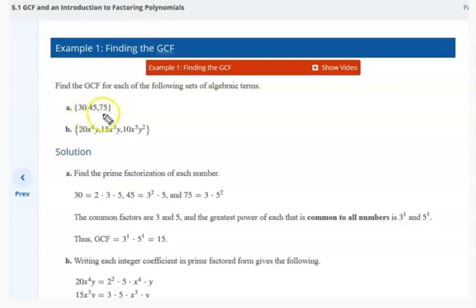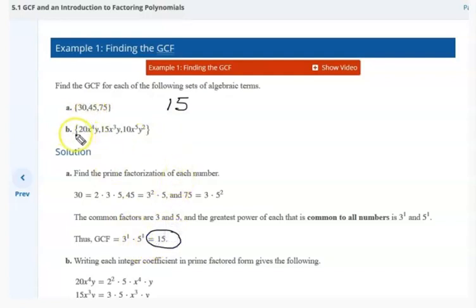Can I take a 10 out of each one? No. But if I add these digits, 3, 9, 12, I know I can take a 3 out also. So 3 times 5 is 15. 15 looks like a good candidate for what you can take out of each one of these. And that's what they're saying.